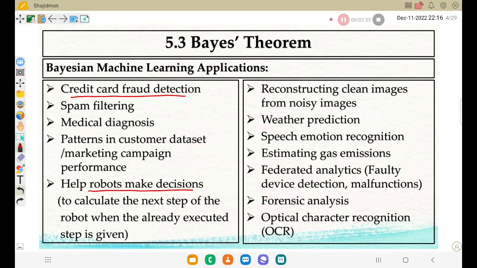It is like a conditional probability. Also reconstructing clean images from noisy images, weather prediction, speech emotion recognition, estimating gas emissions, and forensic analysis. A lot of applications use Bayes theorem in different fields, especially in machine learning.